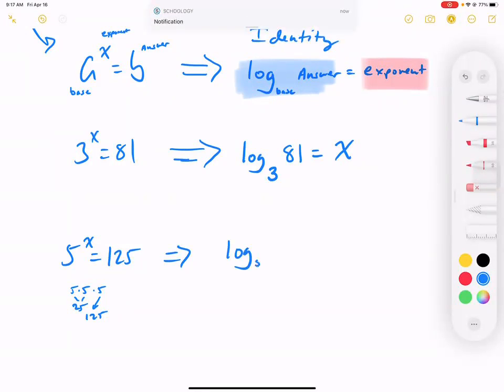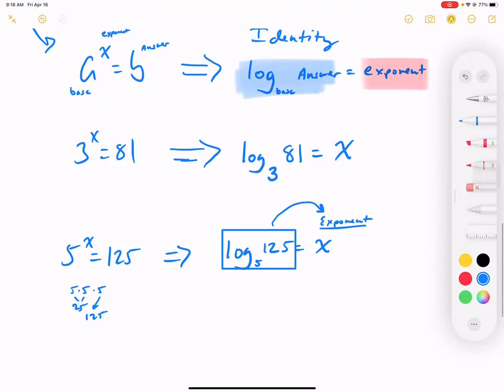So we write a tiny 5 subscript, log base 5 of 125 is equal to x, because logs always solve for exponents. If you can get that in your head, that every time you see a log, the answer is an exponent, that's going to help you out. Because logs aren't regular numbers, they're all solving for exponents. Whenever you see the word log, that's an exponent answer.